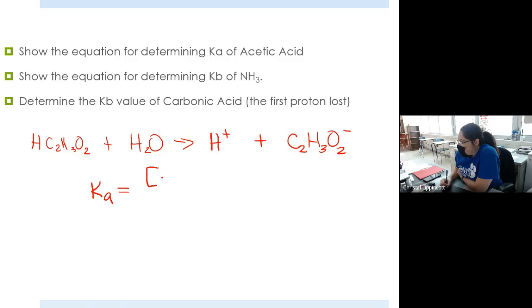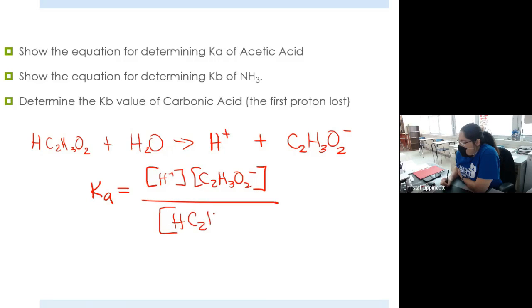Remember, we show molarity with square brackets, over HC2H3O2 in square brackets. Okay?